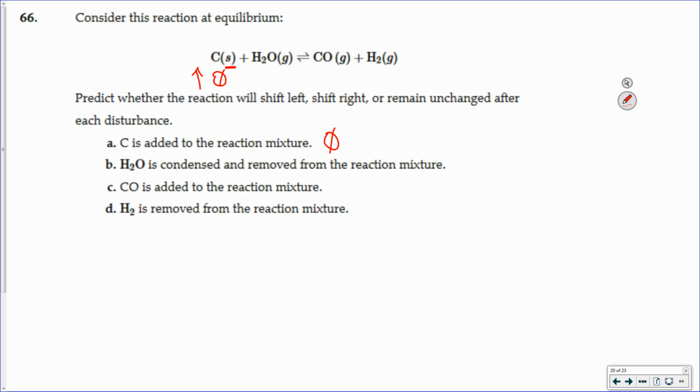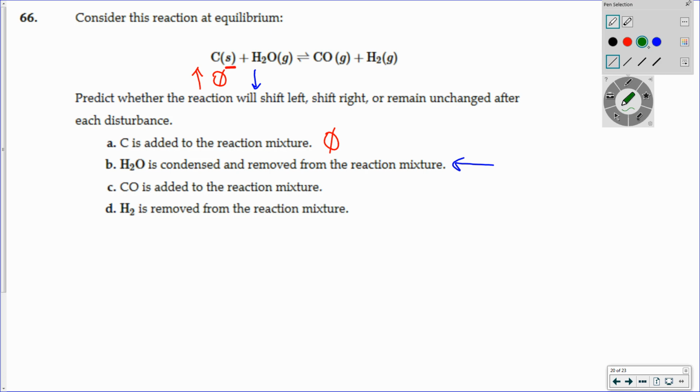All right. It says water is condensed and removed from the reaction mixture. So the concentration of water is decreased. What's it going to do? It's going to proceed back towards the reactants. All right, carbon monoxide is added to the reaction mixture.